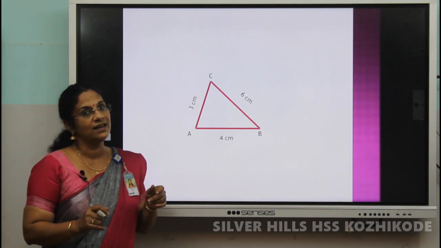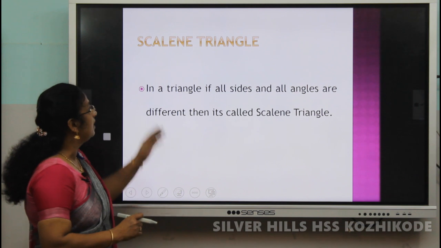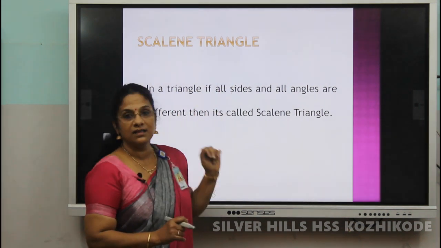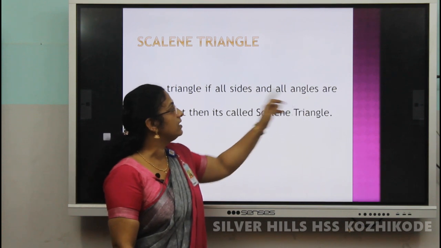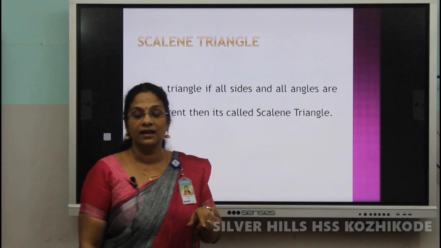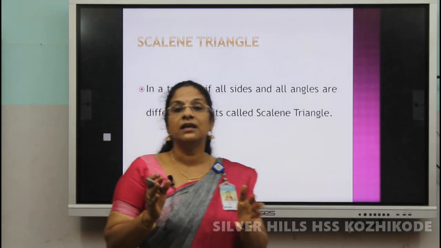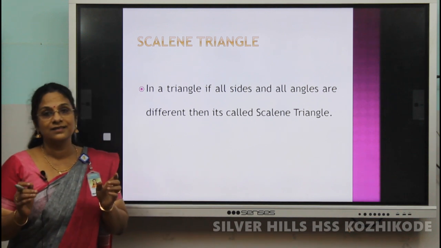Yes, it is a scalene triangle. In a triangle, if all the sides and angles are different, then it is called a scalene triangle. These are the three types of triangles based on their sides.